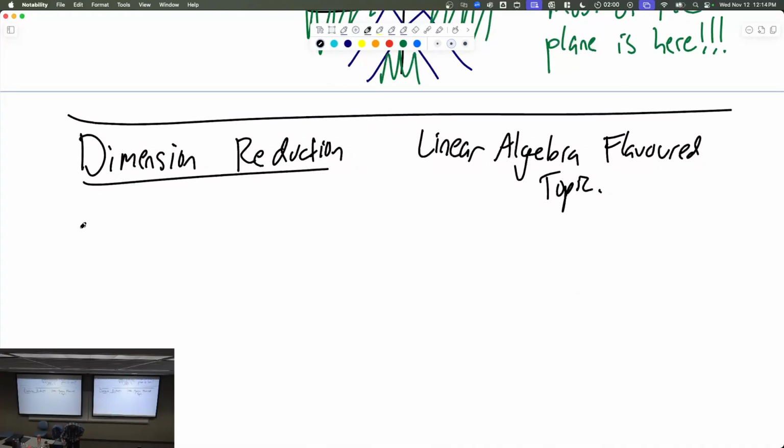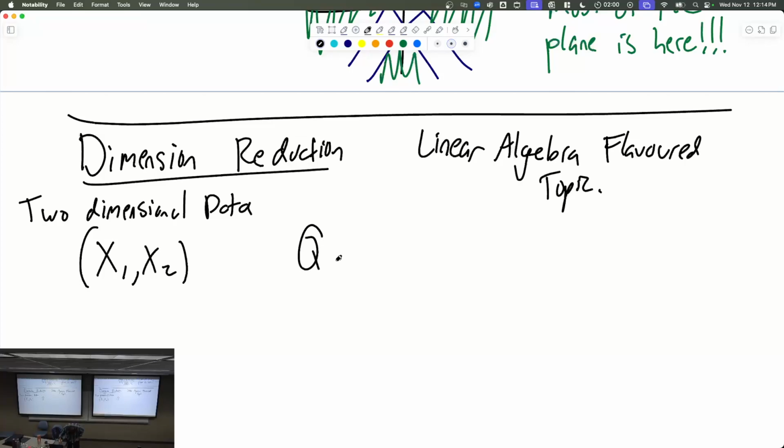Let's say, to start with, our first example is going to be in 2 dimensions. We have x1 and x2 data points, so 2-dimensional data. And the question we're going to ask is, how can we represent the data in 1 dimension the best way? Or let's say, what is the best way to represent the data in 1D only?